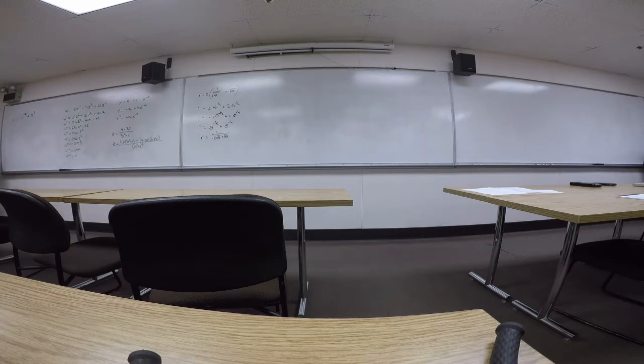Be careful here on this one. Y prime is negative 3/5 x to the, what's 1 less than negative 3/5? Come on, arithmetic of fractions. Negative 8/5. And what's this one?